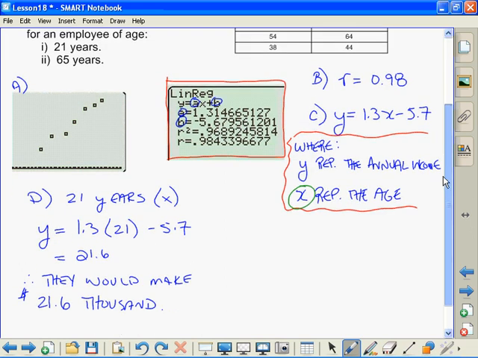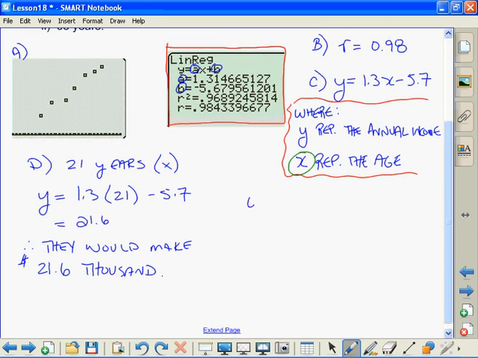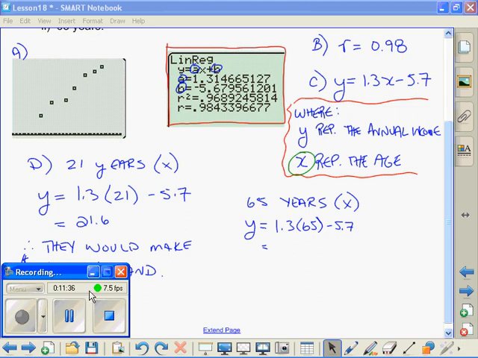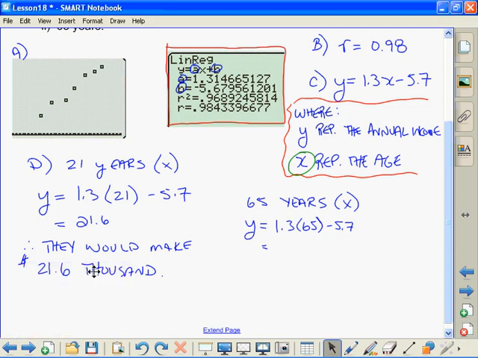And the second part there, what was it? 21 and 65. So someone who's near retirement age. So it's just plugging in, and again, recognizing that age is your x value. So 1.3 times 65 minus the 5.7. And in this case, you get 78.8.